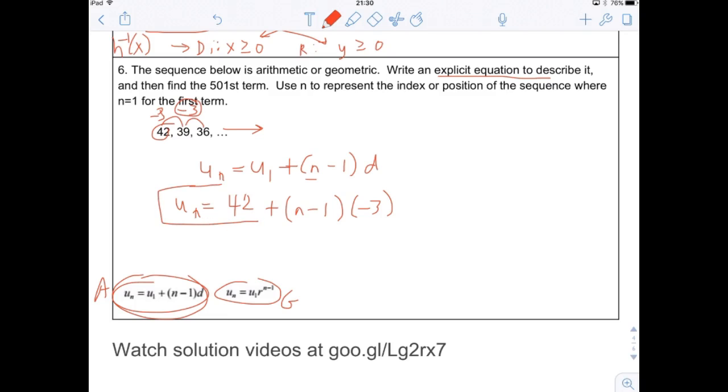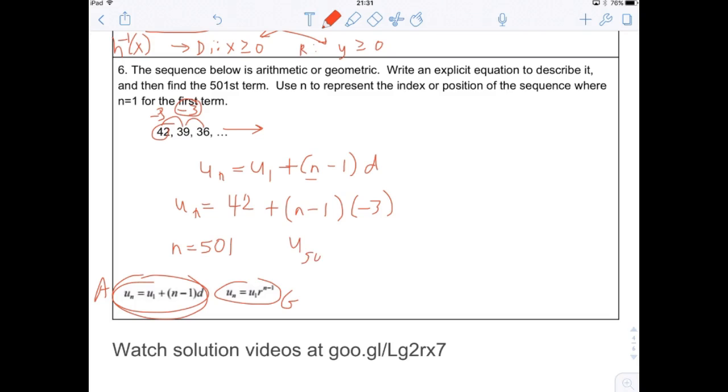Then find the 501st term. How do we find the 501st term? We are going to plug in n equals 501, because remember, n refers to the position in the sequence or the index.